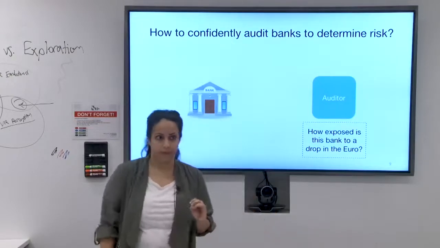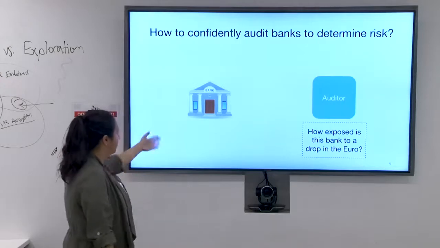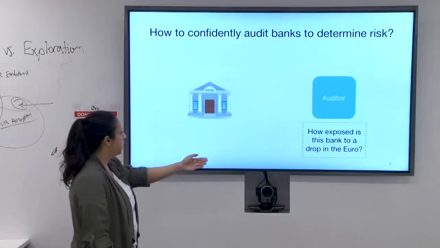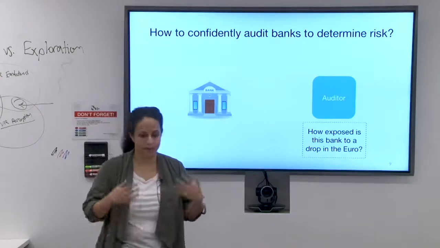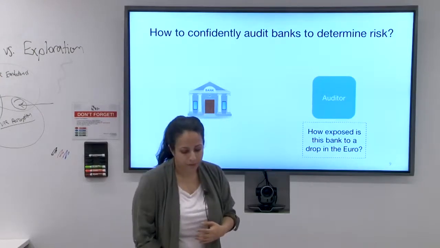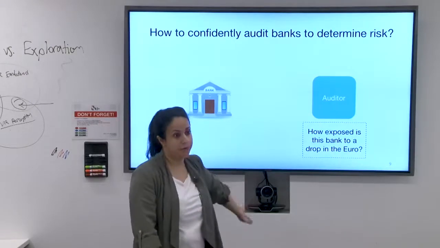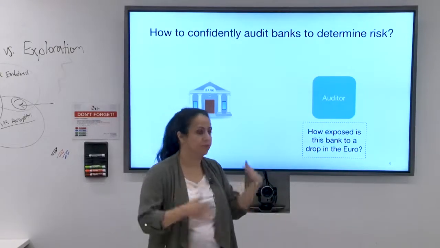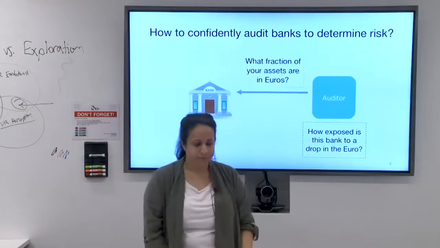So here's a specific example of something we might want to learn. Here's a bank, here's an auditor, and let's assume the bank is using a system like ZkLedger, a permissioned blockchain. An auditor might want to know how exposed this bank is to a drop in the euro. So if the euro versus the dollar changes dramatically, what's going to happen to this bank's balance sheet?